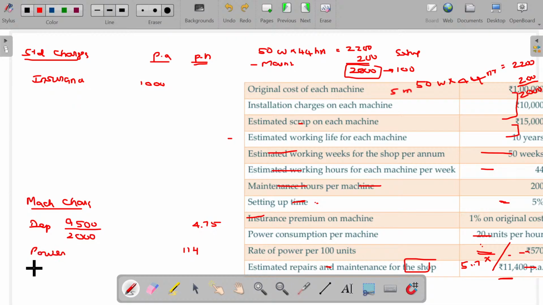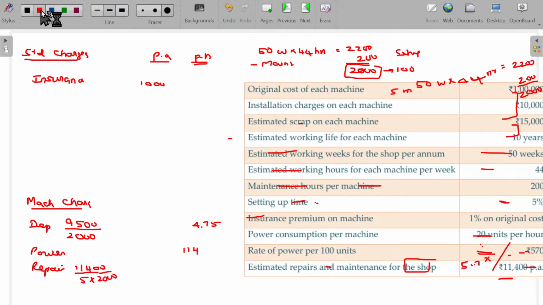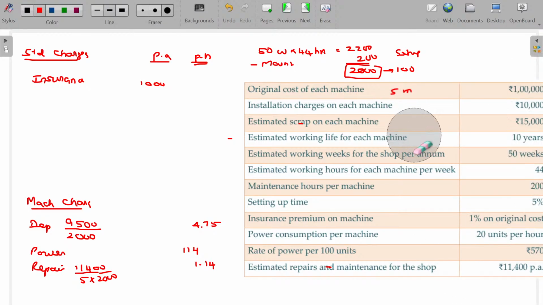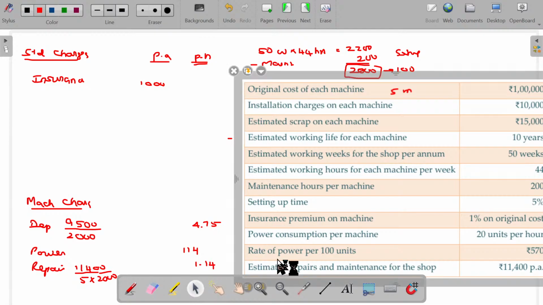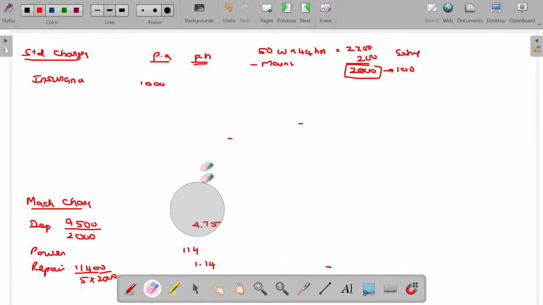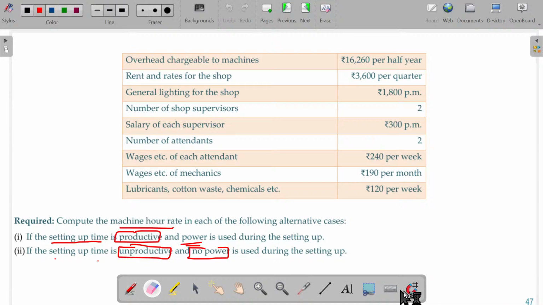So repairs: 11,400 divided by 5 machines, divided by per hour. You have to divide this by 2,000. Ultimate value being 1.14. Clear? Still we have a few more items.